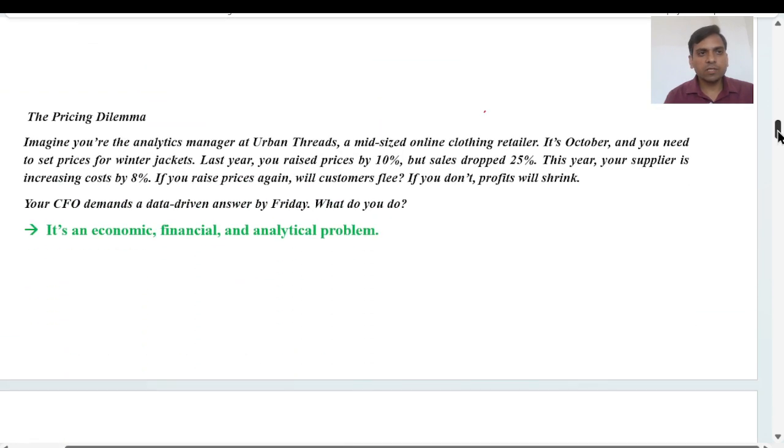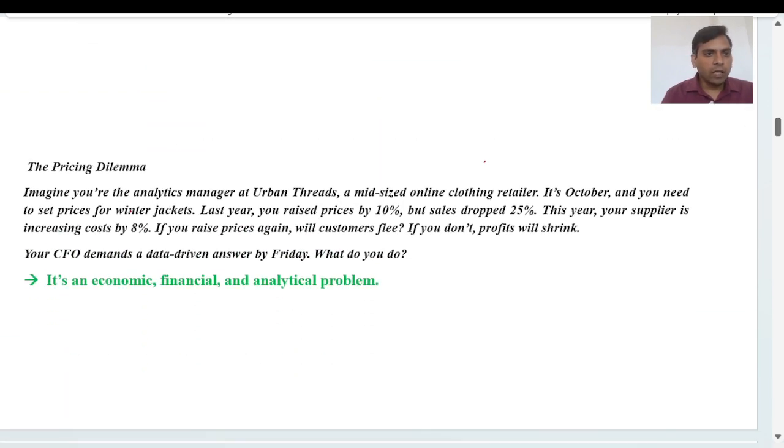First, we will see a scenario in which you can imagine yourself as an analytics manager at Urban Threads, a mid-size online clothing retailer. It is the month of October, and you need to set the price for winter jackets as winter is coming.